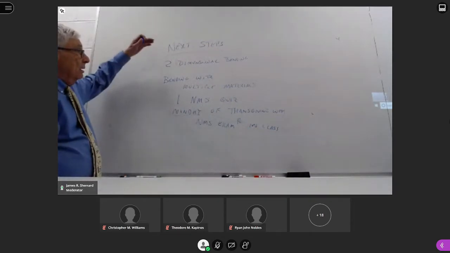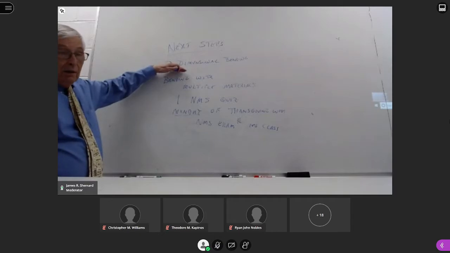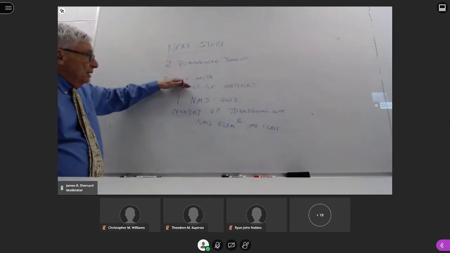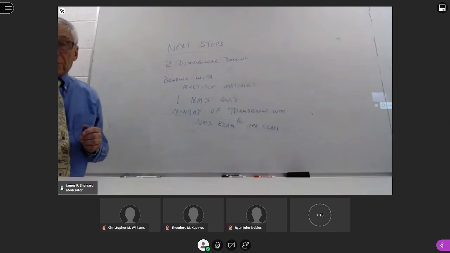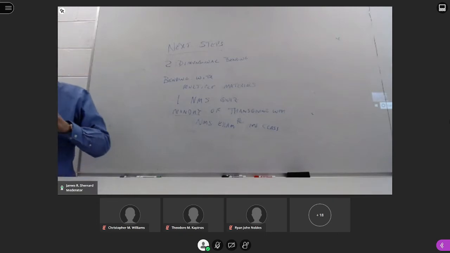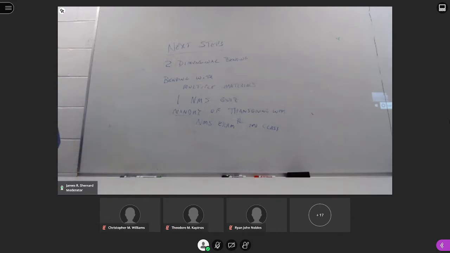And it will be on bending, 1 and 2 dimensional, as well as looking at different materials. Just for your planning on that. Okay. Any questions on what I've gone over today for materials?